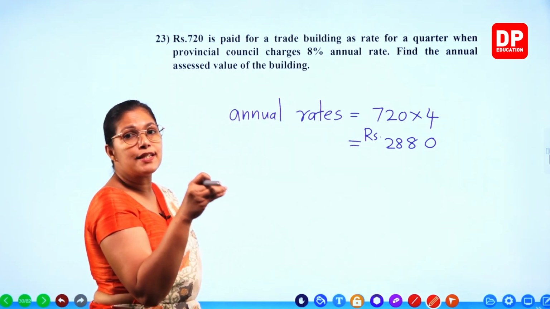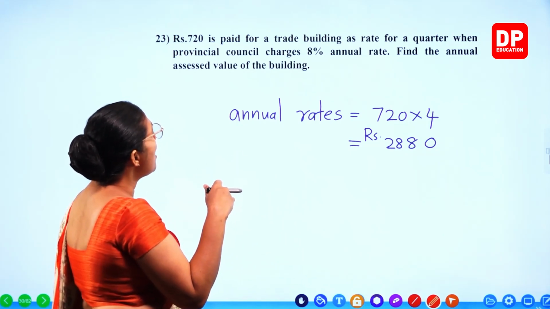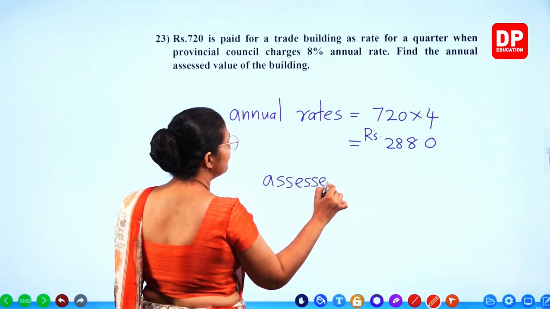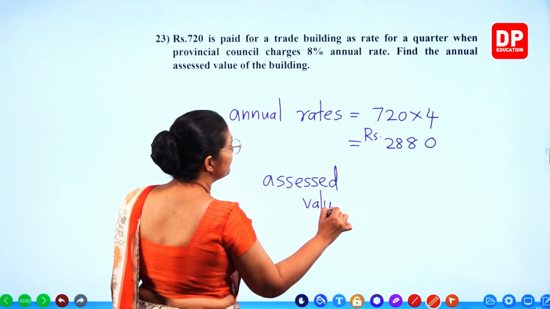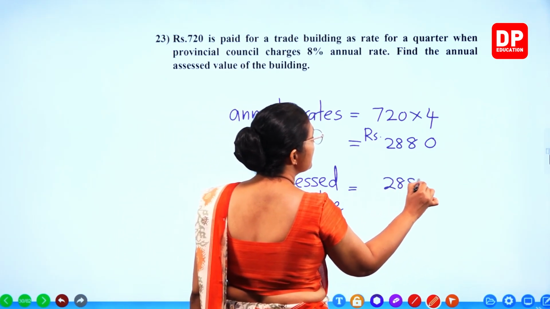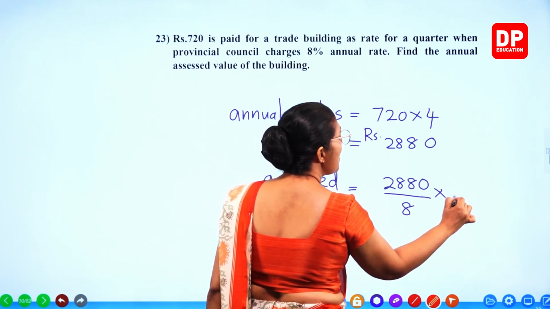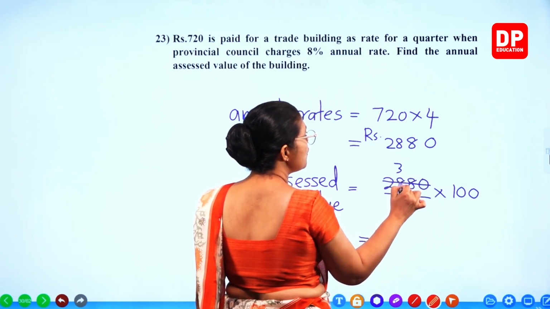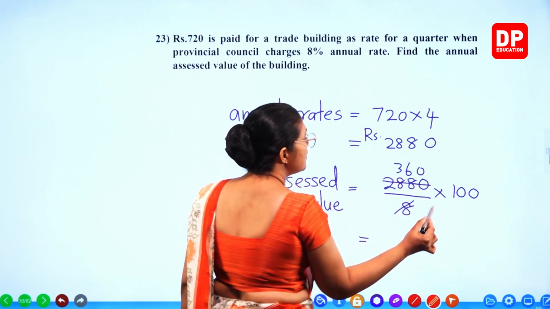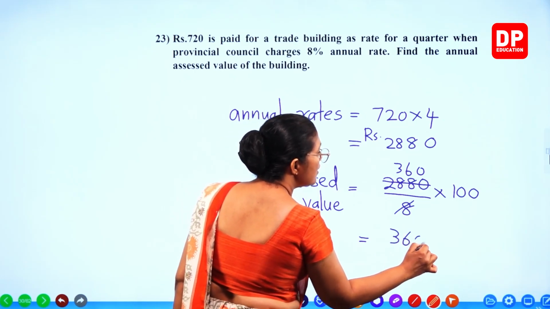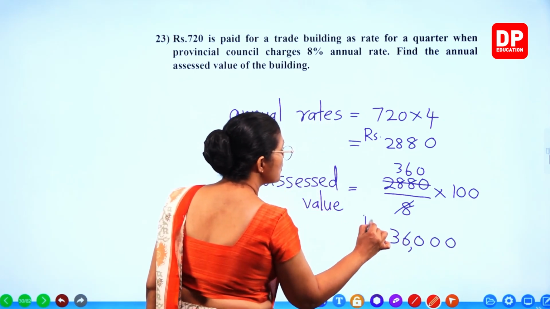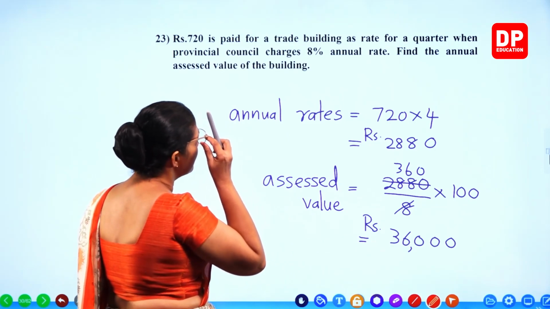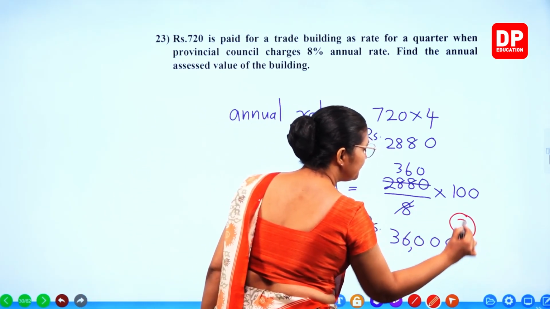So this is the 8% value, and you need to find the 100% value. So divide by 8 and multiply by 100. 8 times 3, 24. 48 means 6. 360 times 100. You get 36,000 rupees as the assessed value of the building. So you get 2 marks there.